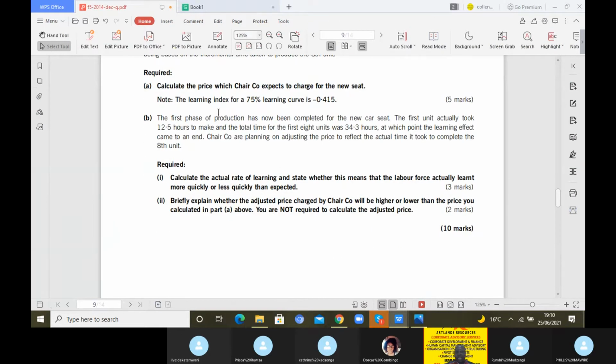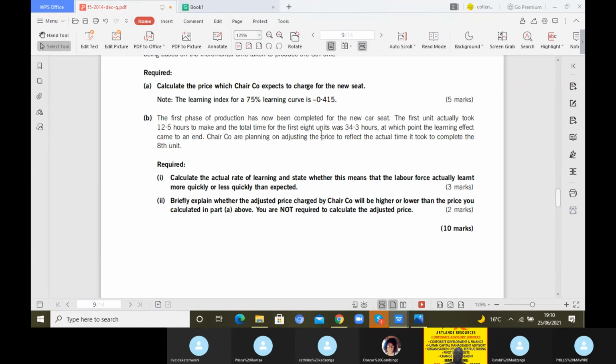The first phase of production has now been completed for the new car seat. The first unit actually took 12.5 hours to make, and the total time for the first 8 units was 34.3. So in other words, what was given above were budgets, but these are now actual results.